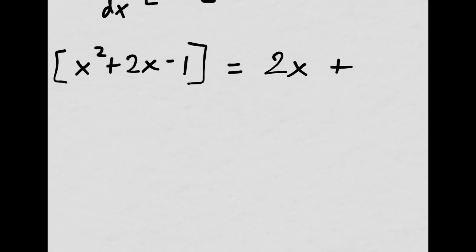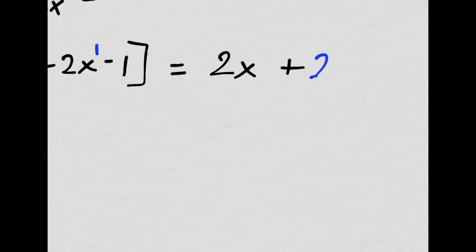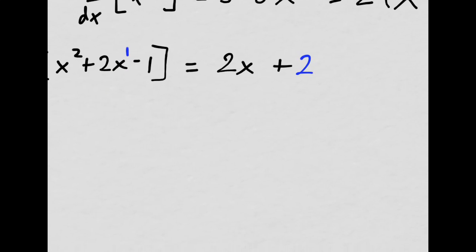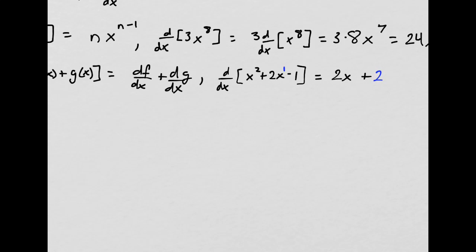Let's think about this, because lots of people used to get this wrong. It'll be 2 times the 1, that's just 2, and then x to the 1 minus 1, that would be x to the 0, which is just 1. So really, the x just goes away. And then minus the derivative of a constant, that's 0. So there you go. You could just take the derivatives separately. I should say plus or minus there.